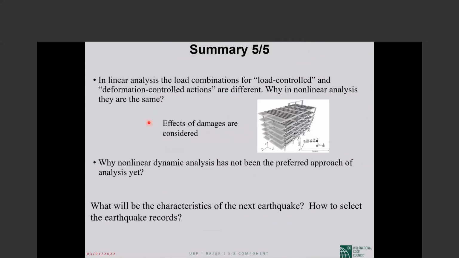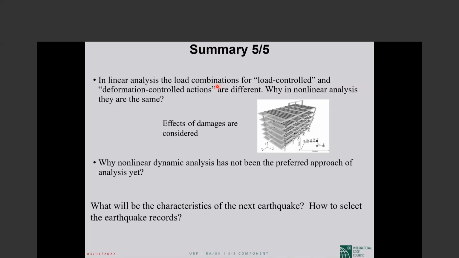In linear analysis, the load combination, the subject of the previous session, for load control and deformation control are different. Why in nonlinear analysis are they the same? We don't use different load combinations as in the linear analysis, where we divided by C1, C2, J for the force control actions.